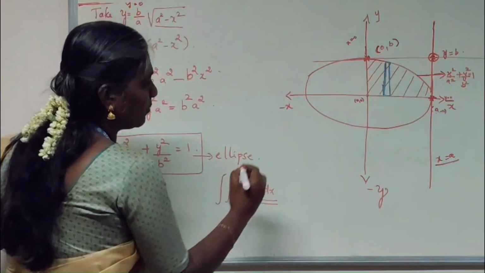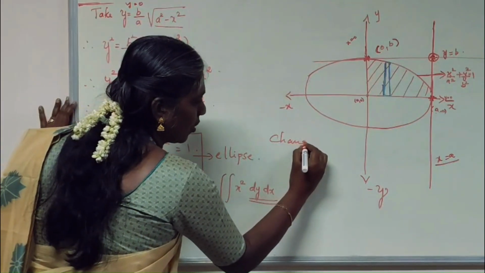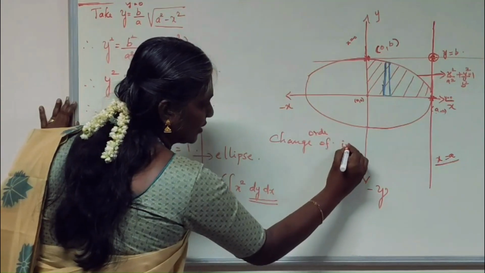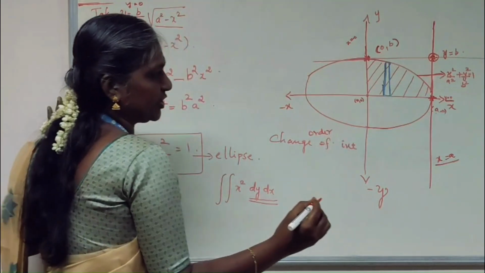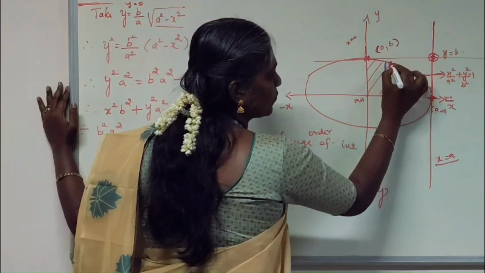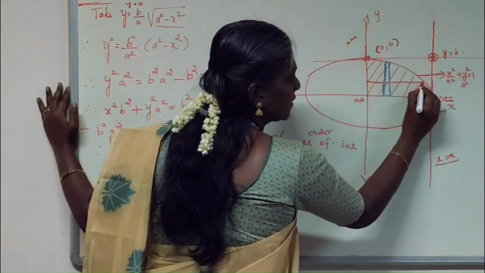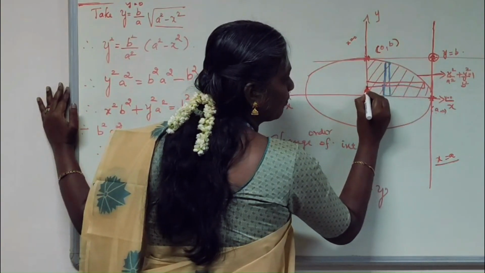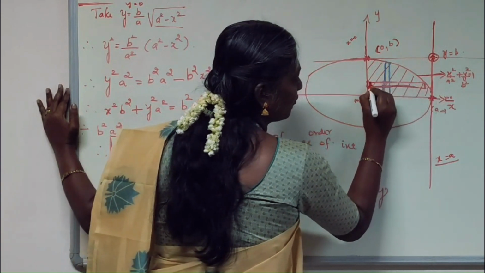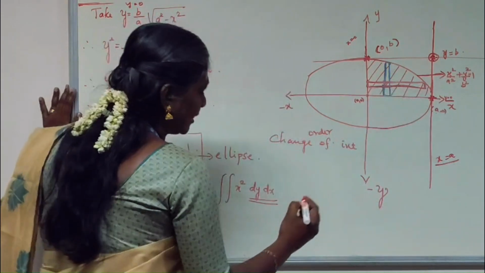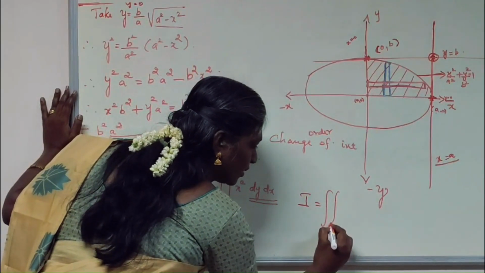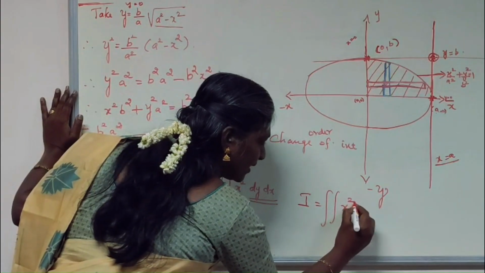Now what is our problem? Change the order of integration. So now we want to change this vertical strip to a horizontal strip, because we need to change the order of integration. At that time, how can we write our I? I is equal to the double integral of x squared.